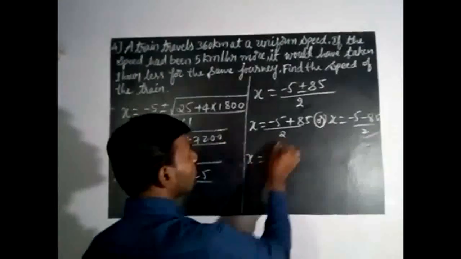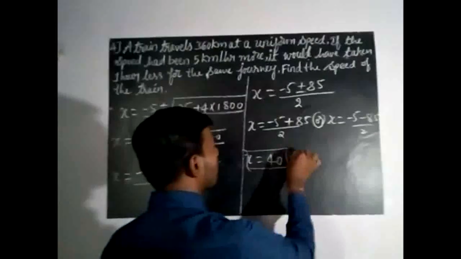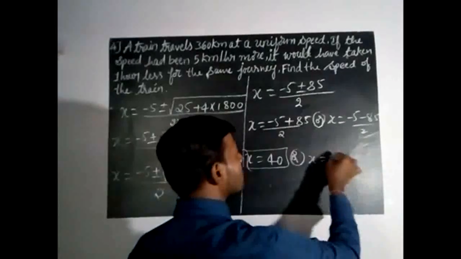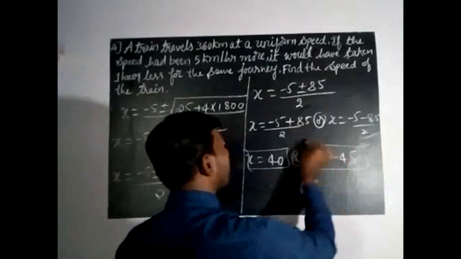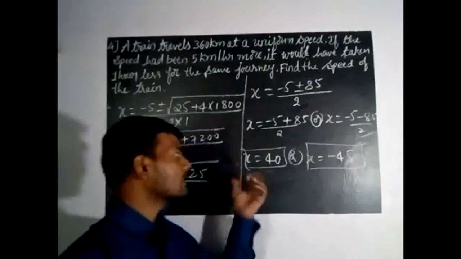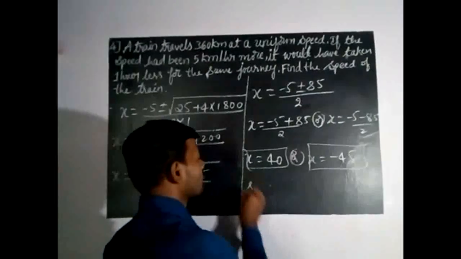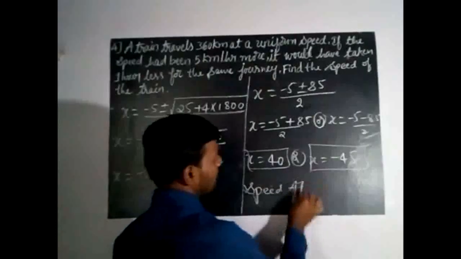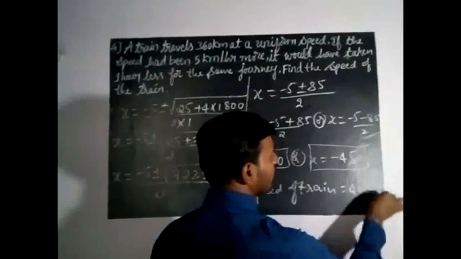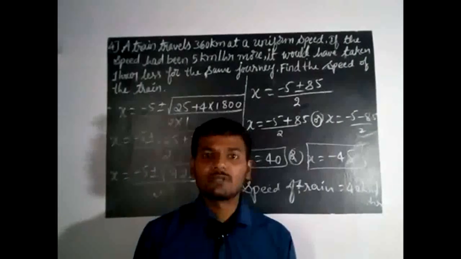Then x is equal to 80 by 2, that means 40, or x is equal to minus 5 minus 85, it becomes minus 90 by 2, minus 45. So the speed cannot be negative, so that's why we have to consider here 40. Therefore the speed of the train is 40 kilometer per hour.